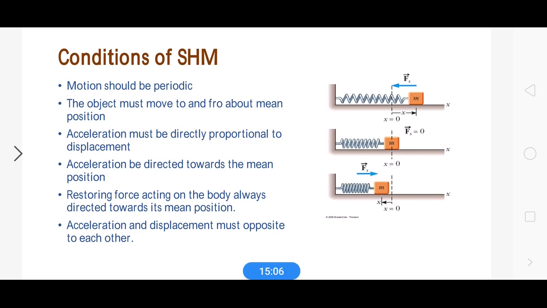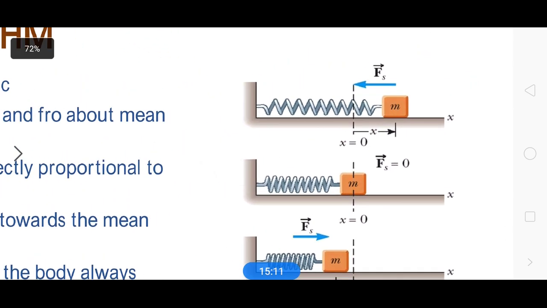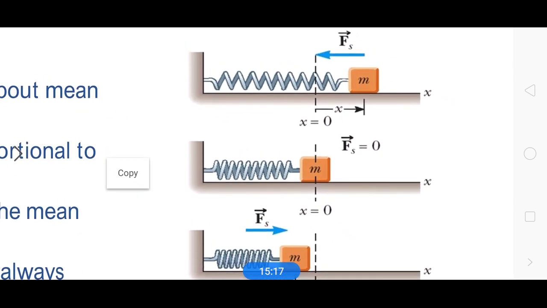To explain these conditions, I am considering one example here. See the spring. This is the loaded spring. The force is applied on the spring such that it makes oscillations. There is a to and fro motion, or compression and elongation, of the spring. Here the center diagram indicates the mean position, the first one is elongation in the spring, and the third diagram is the compression in the spring.